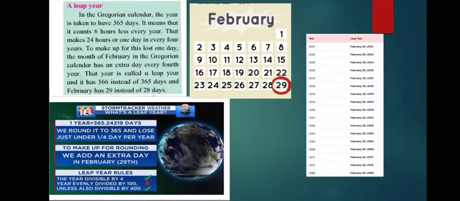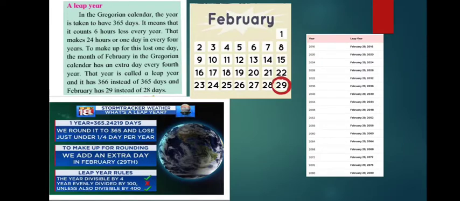A leap year. Go to page number 8. Children, what is a leap year? See, usually we have 365 days in a year, but in a leap year we have 366 days. And a leap year comes every 4th year.